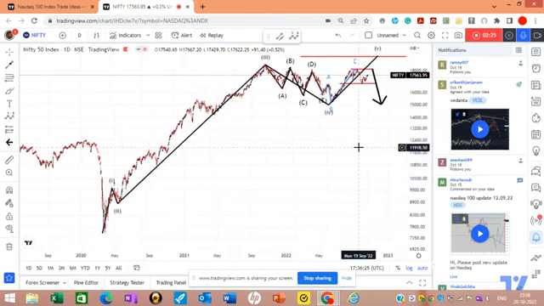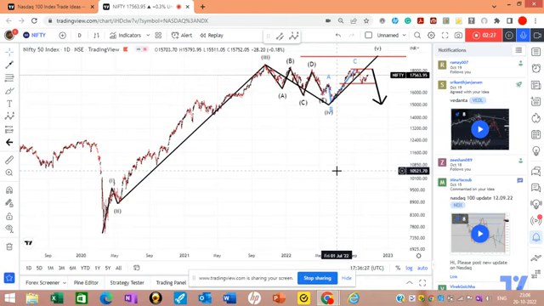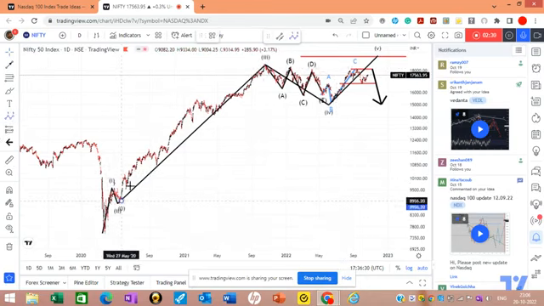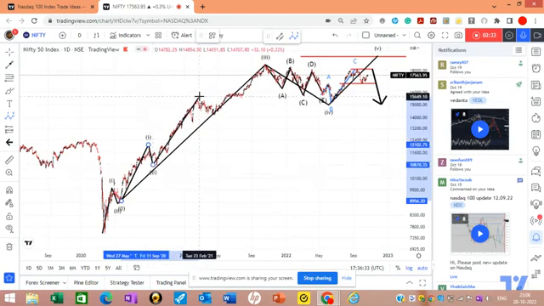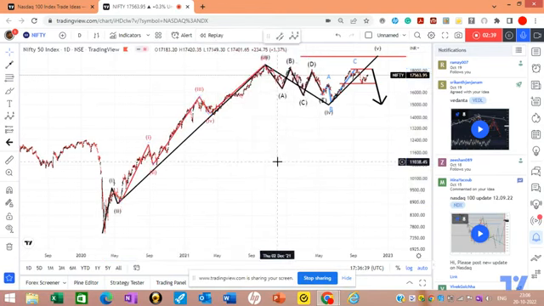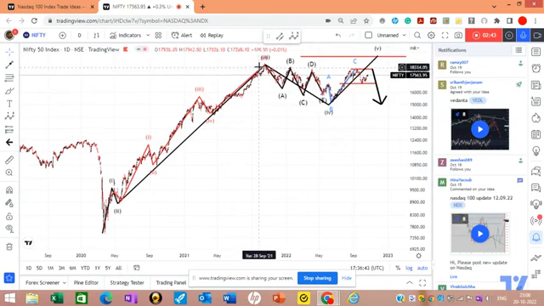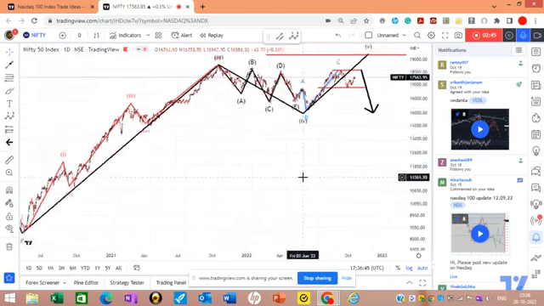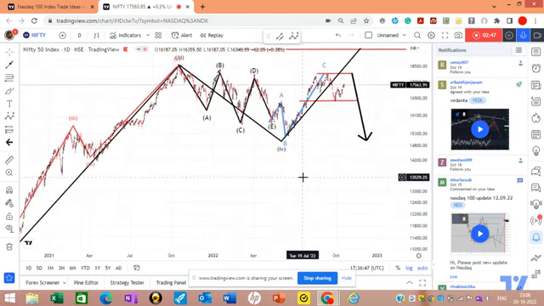We are in a fifth wave right now. So I'm extending the third wave here. One, two, three, four, and five. So extending the third wave. One, two, three, four, and five. So that is an alternative count.